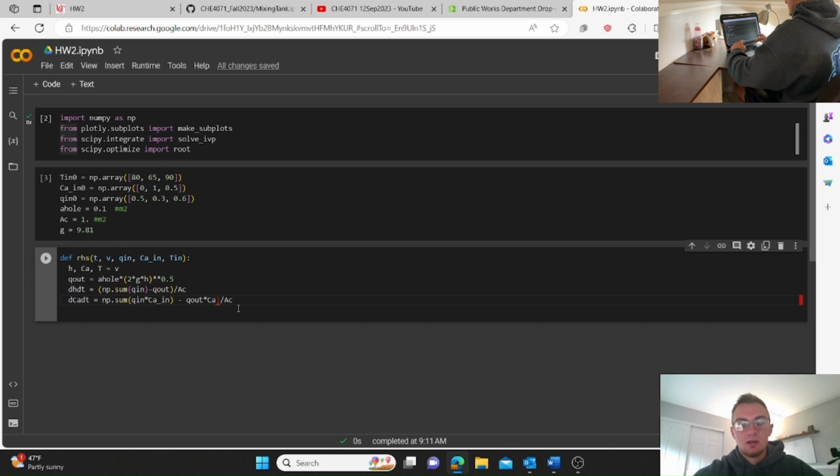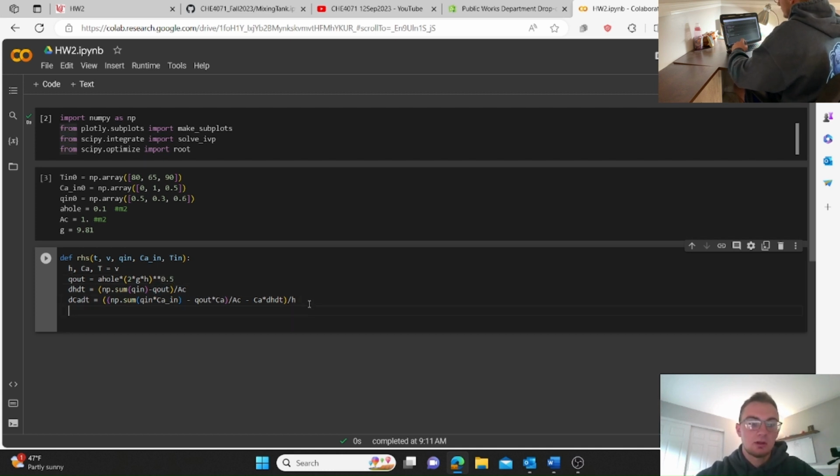From here we have to subtract Ca times dH/dt, that's where that part comes in, and this entire expression is divided by H. Okay, I think my parentheses match up there, so it should be good.